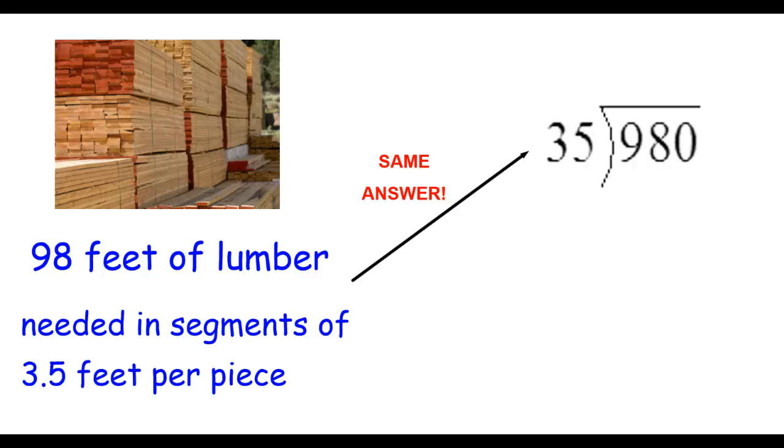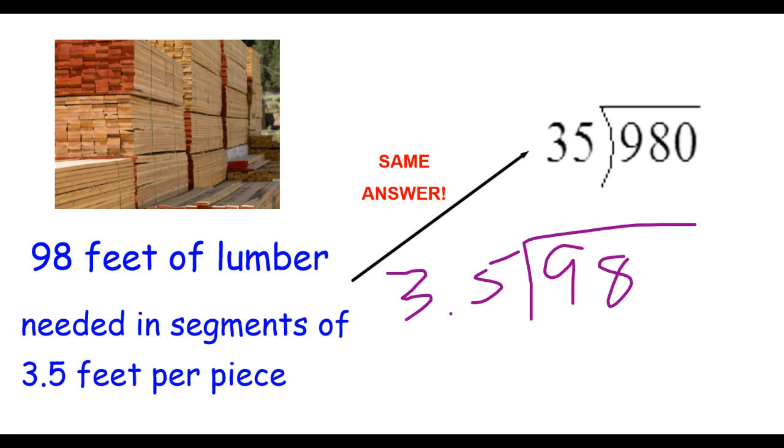And so the way that we look at that, if we draw another division box down here, is we want to take this decimal point and we want it to be over at the end of our divisor so we don't have any decimals there. Well, we did that by multiplying it by 10. We shifted the decimal place by 1 point. What we're going to do in the dividend, then, is do the same thing. We have to shift the decimal point one place to the right.